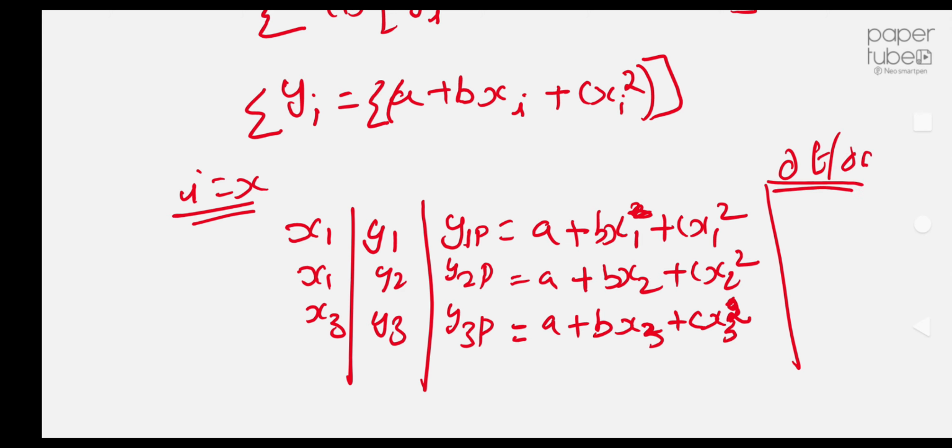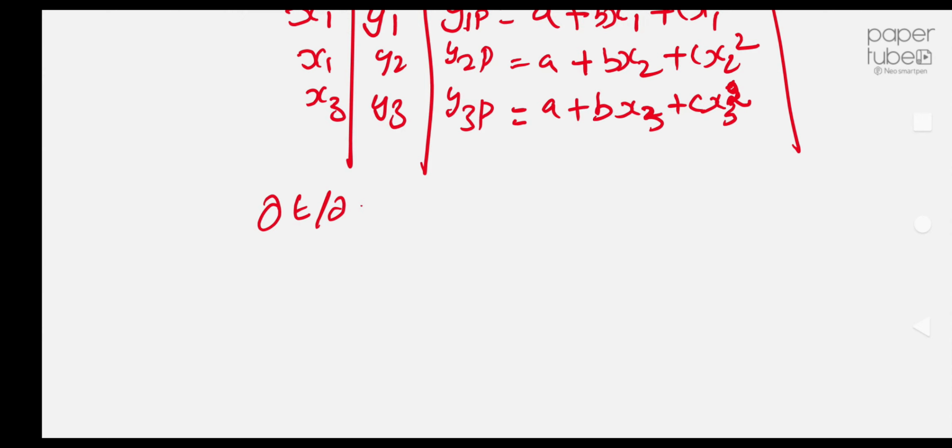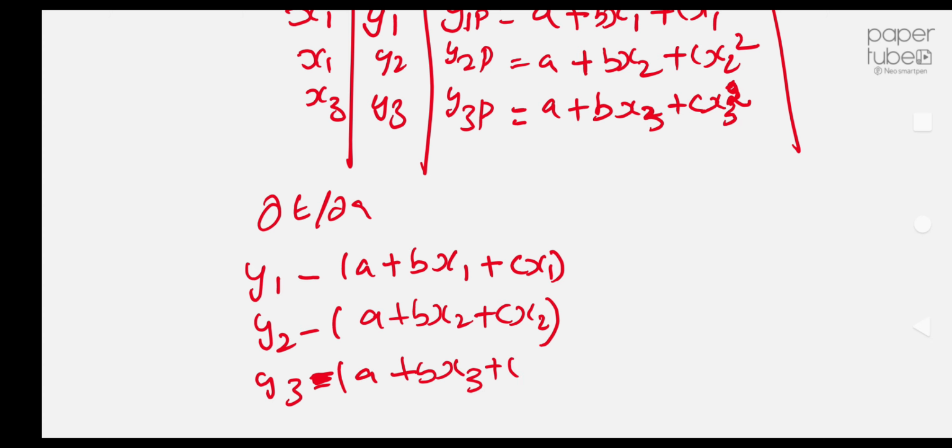If you want to calculate dou E by dou A, how do we do that? This is something we already know. Dou E by dou A is given by the equation in this box. So it will be y1 minus (a plus b x1 plus c x1), then y2 minus (a plus b x2 plus c x2), and y3 minus (a plus b x3 plus c x3).